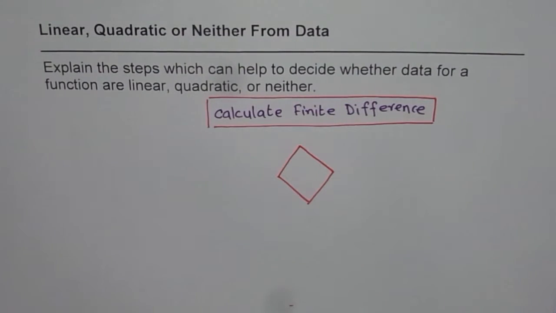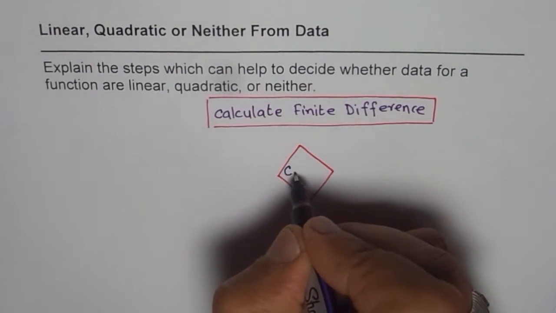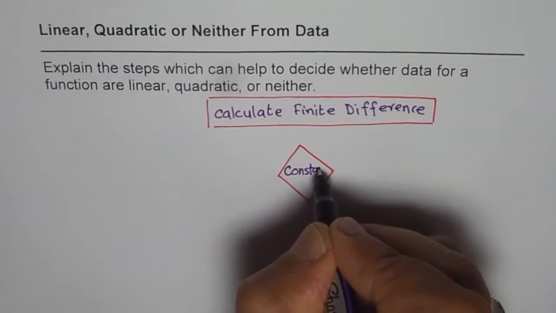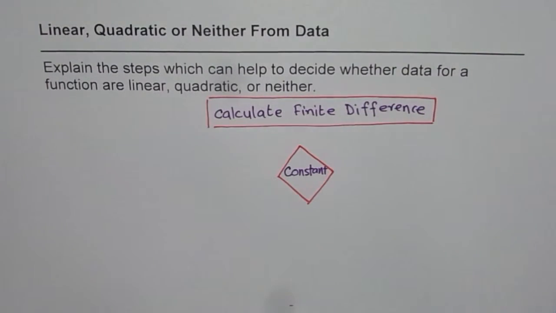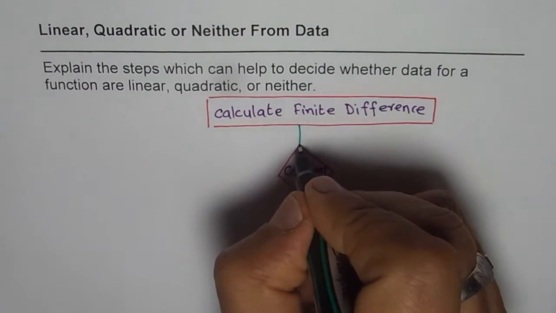Then you check whether the data represents a constant finite difference or not. Constant means the same value. So in case it is constant, this is the first finite difference.